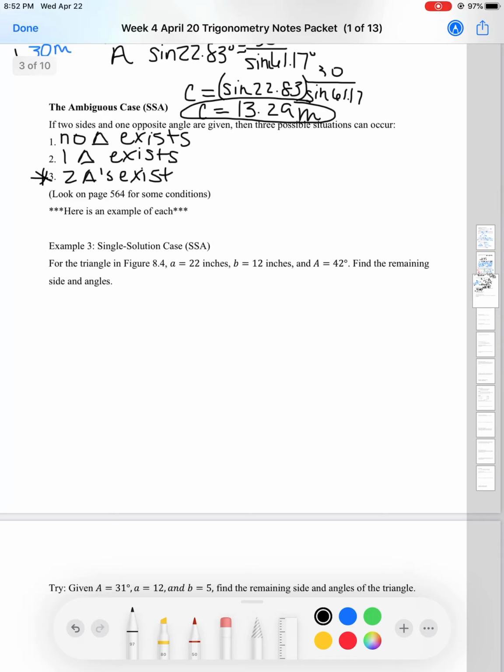So this shows it. Example 3 is one where there's a single solution case. So that's kind of like what we've been doing. There's been one solution. So for the triangle in figure 8.4, which I'm going to draw out, and then it gives these conditions right here, find the remaining side and angles. So here's this triangle.